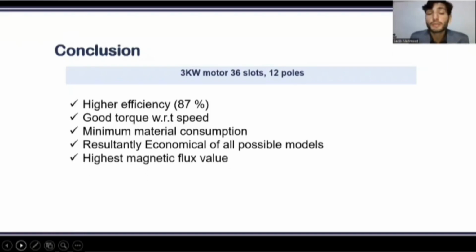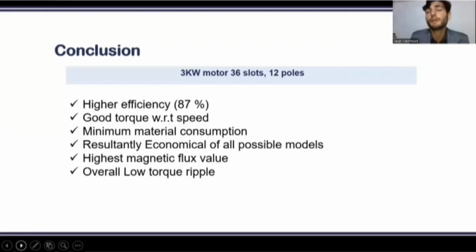As discussed, it had 0.0184 Weber per meter of magnetic flux, which was highest of all the values. Overall, it had a low torque ripple of 27 or 29%, compared to the 34 and 50% of the other two models.